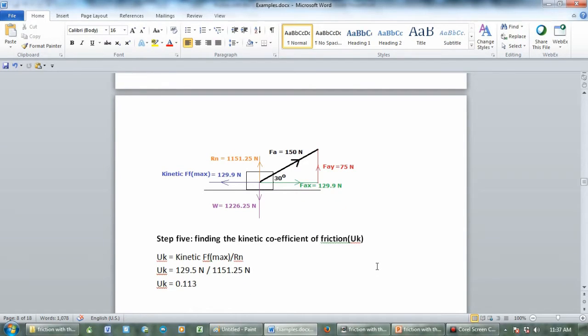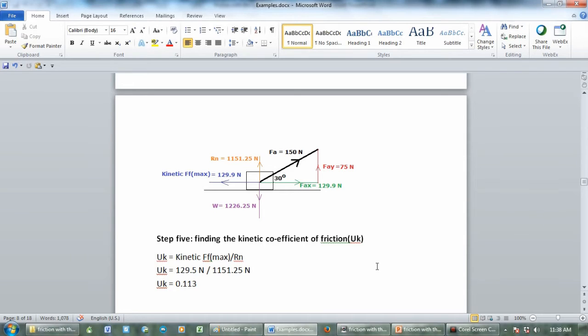Step 5. Finding the kinetic coefficient of friction. Since we are dealing with the general friction formula, mu equals maximum friction force divided by Rn, but in this case it's kinetic friction, so we're looking for the kinetic coefficient of friction, mu K, and it equals the kinetic maximum friction force divided by Rn.